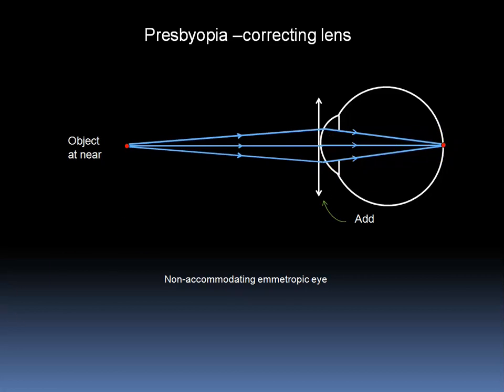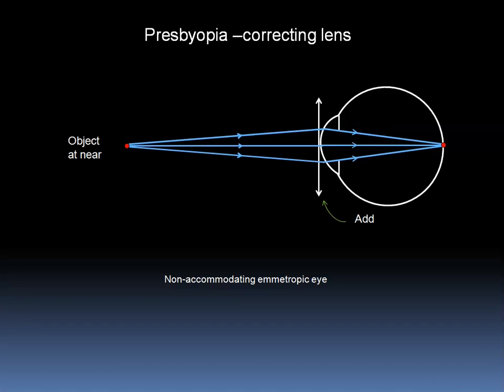This correcting lens, however, would have to be removed in order to see objects at a distance. Therefore, this person would require one set of glasses without correction for distance and one set with correction for near.